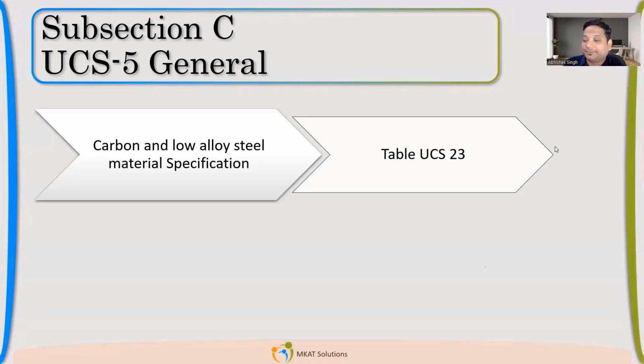If you read UCS 5, then the code will say that there are some exemptions. So anybody remembers what clause I can use if I have to qualify some other material? It's in UG 10. If you refer UG 10, you will get the qualification of the material which is not there.